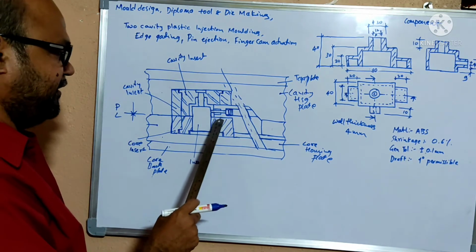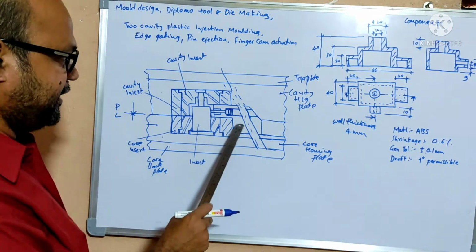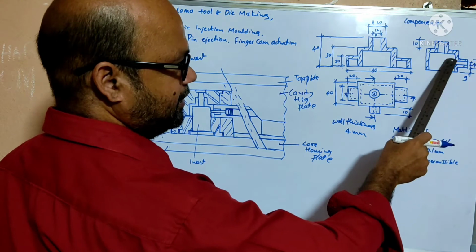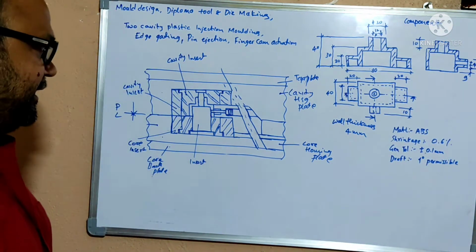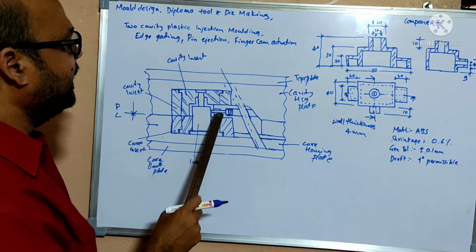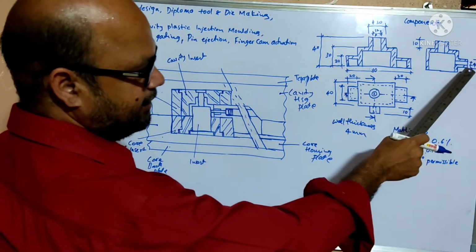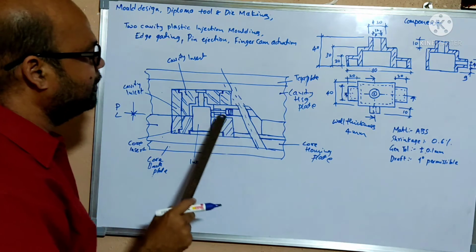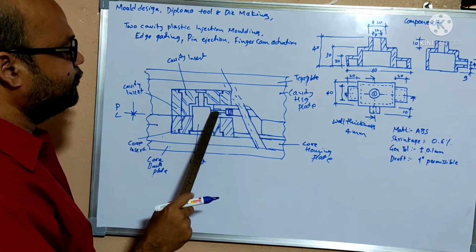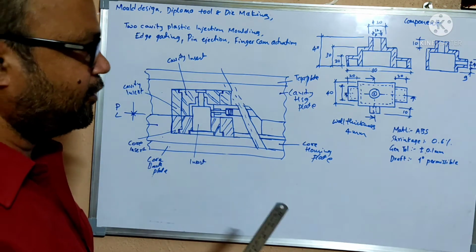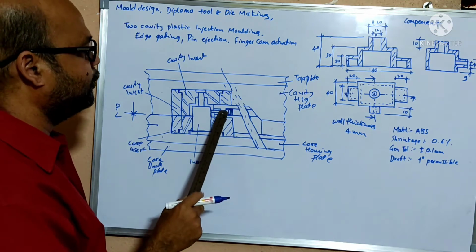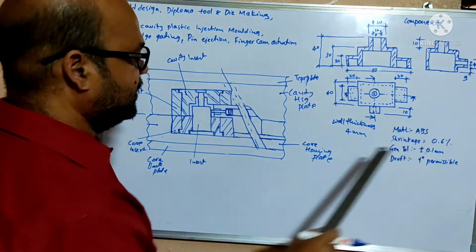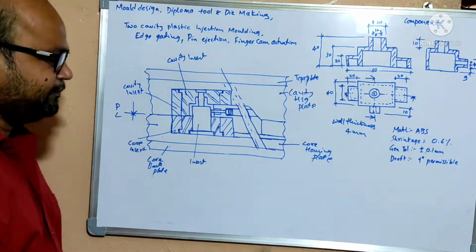So when you have the depression in the side core, you will get the boss or extrusion on the component. Similarly, in the boss there is a diameter 4 core pin, which is used for getting this hole through the side core.